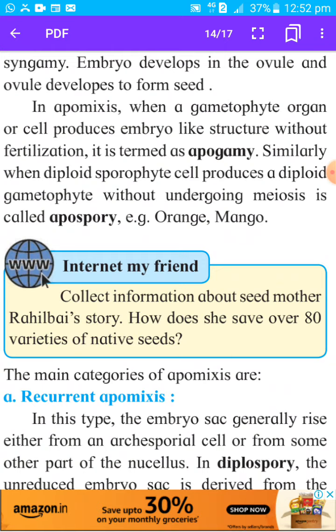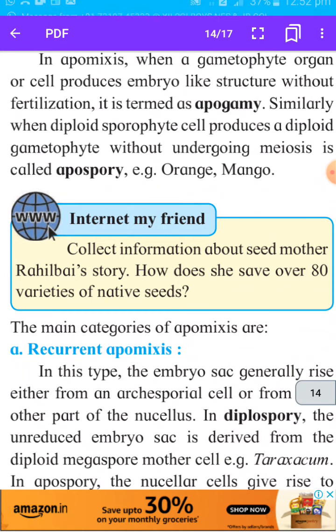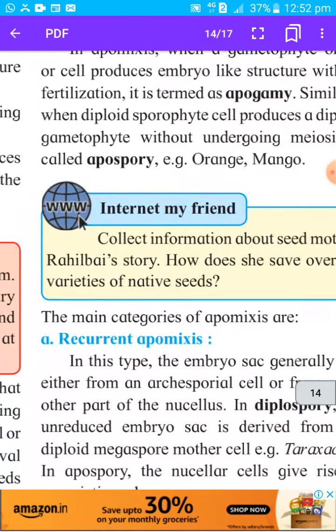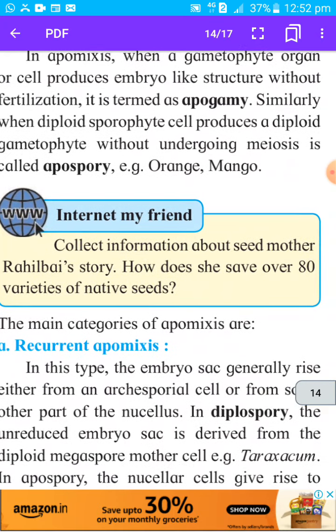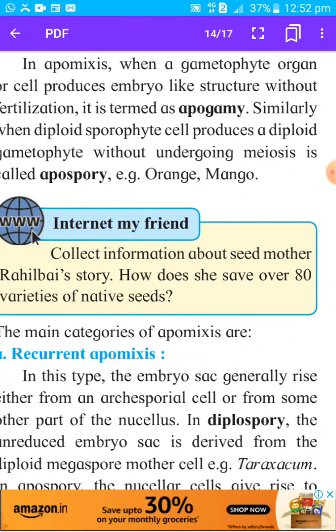Instead of that, some gametophytic organ produces the embryo. That is called apogamy. Similarly, when a diploid sporophyte cell produces a diploid gametophyte without undergoing meiosis, that is called apospory. So in apospory, there is a development of embryo from a sporophyte cell which is diploid in nature.